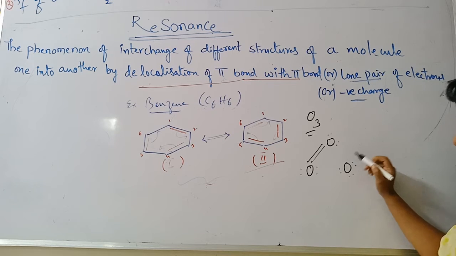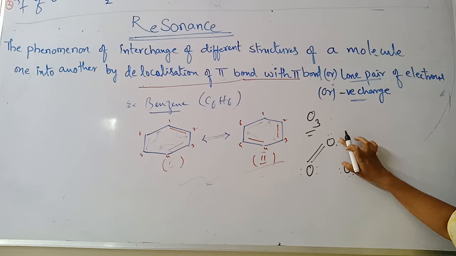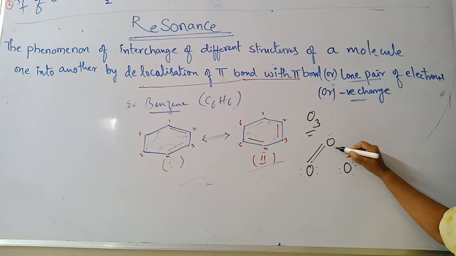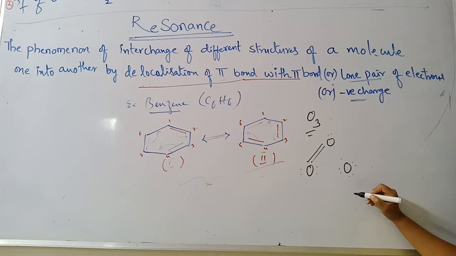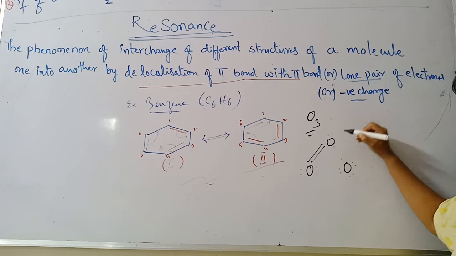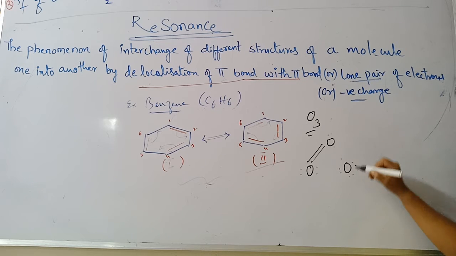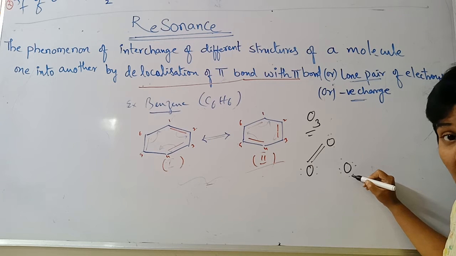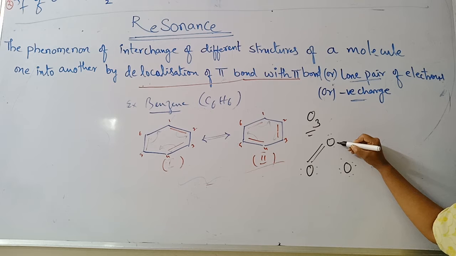So here what happens? This second oxygen is using its 2 electrons, and the 2 electrons of second oxygen are used for the bond. So here the second oxygen acts as a donor, because it is donating a pair of electrons which is equal to the bond. The third oxygen is not donating any electron but sharing the electrons taken from the second oxygen.